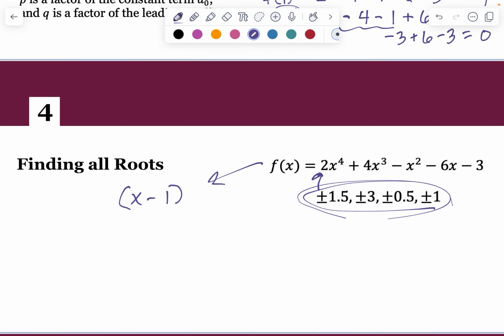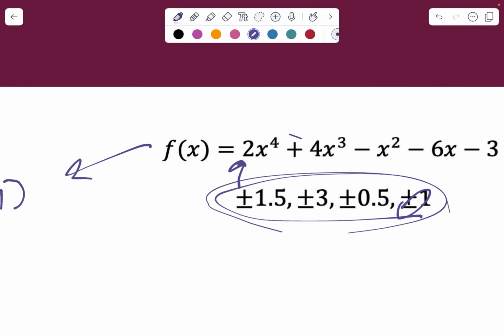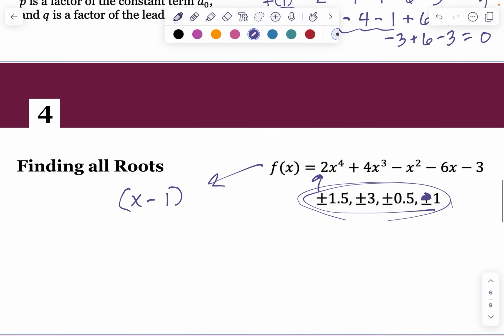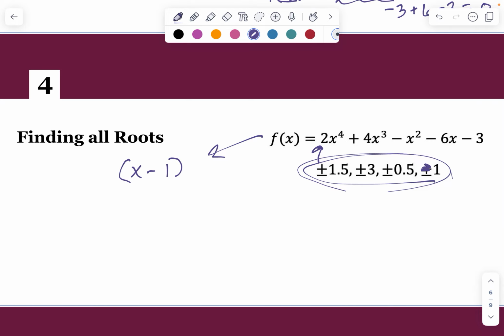Because we could have multiple identical factors. So just because we already used negative 1 doesn't mean we can't use it again. However, we did eliminate positive 1 as an option, okay? Once you've done that, you should get to a point where you can eventually, with a quadratic, just solve that for any additional roots, and we might have some irrational ones here as well, okay?